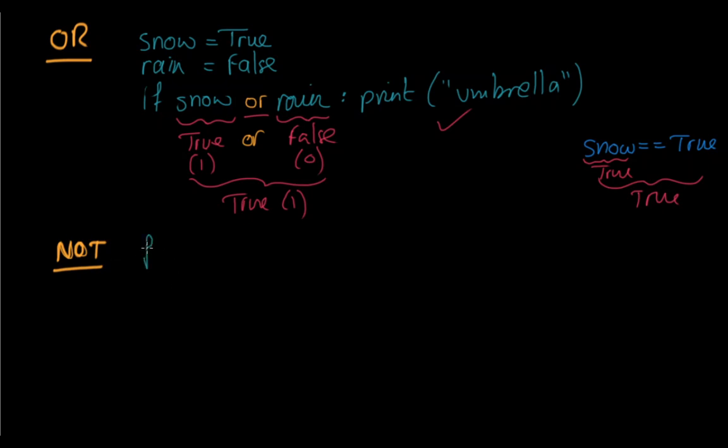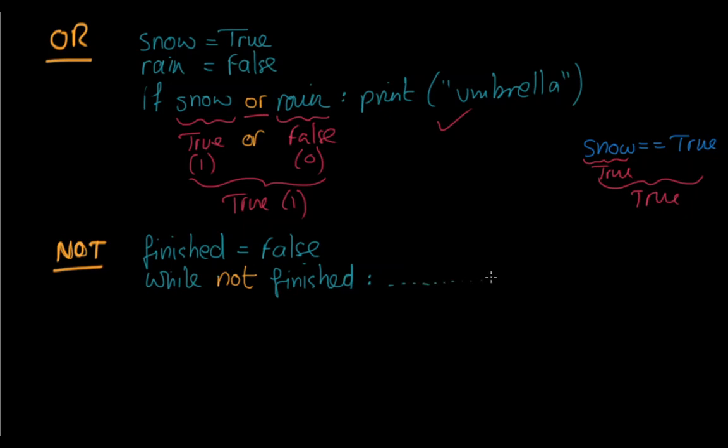So I'm going to set a Boolean variable finished and make that equal to false, before I start my loop, while not, my not operator's here. Remember that the not operator is a unary operator, so it only takes one operand: while not finished. I use the word finished because I think it makes grammatical sense in the statement. Do some stuff. Now let's evaluate that and have a look what's happening.